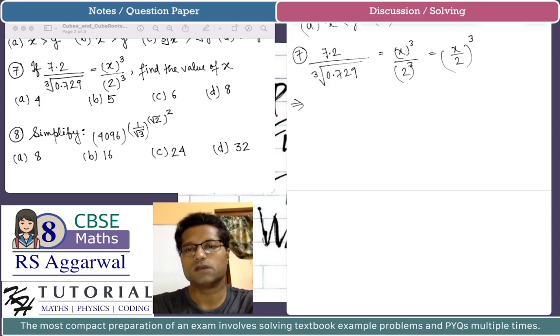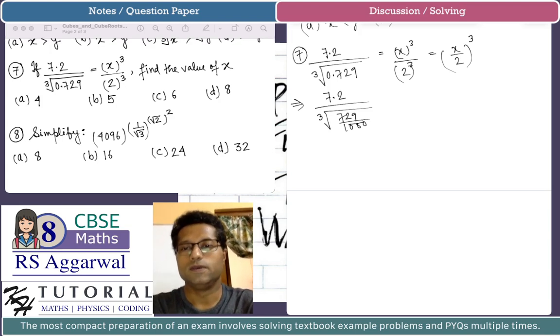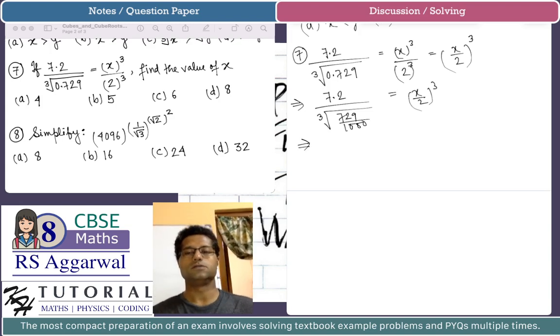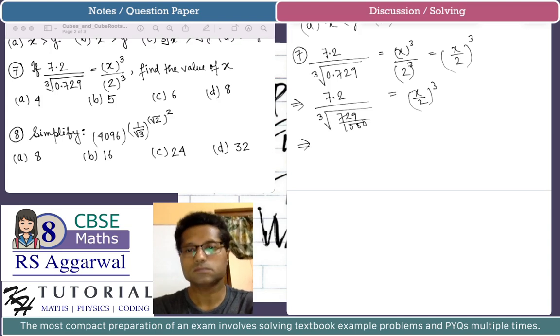So the LHS is 7.2 and cube root of 0.729. This decimal, if we convert it into fraction, it will be 729 by 1000. So we have this equal to x by 2 cube. So this implies 7.2 and the cube root of 729 by 1000.